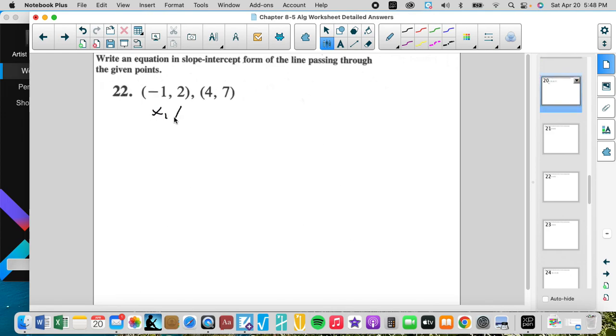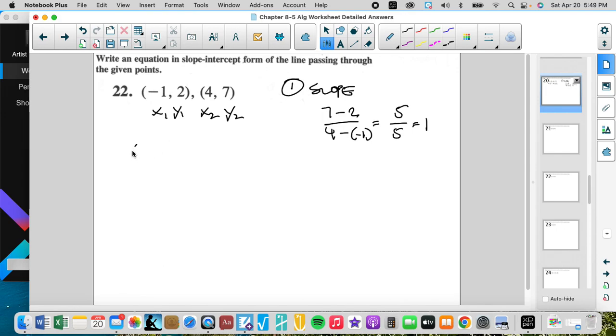X sub 1, y sub 1, x sub 2, y sub 2. So let's find the slope by doing y sub 2 minus y sub 1 over x sub 2 minus x sub 1, 2 negatives there. So that's 5 over 5, which gives me a slope of 1. So we have our equation 1x plus b. Let's pick a point.